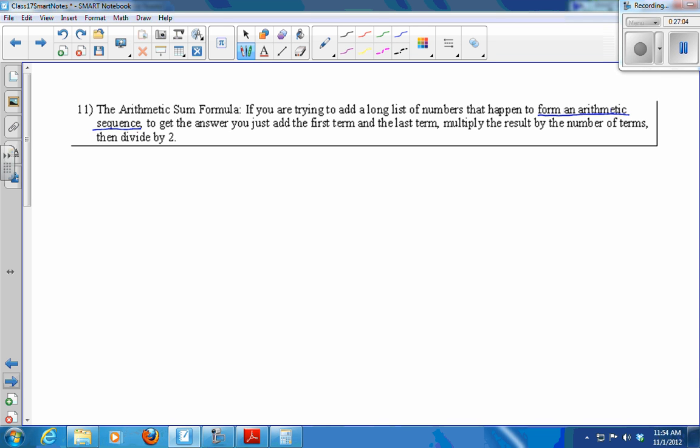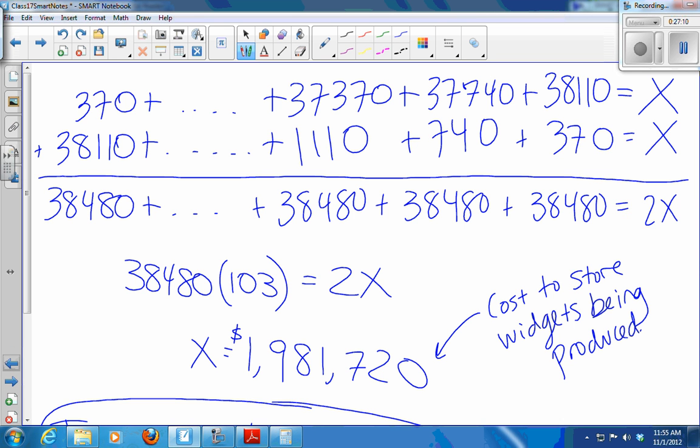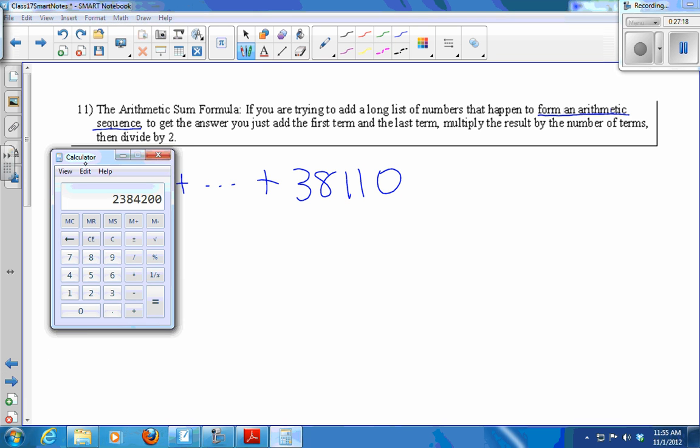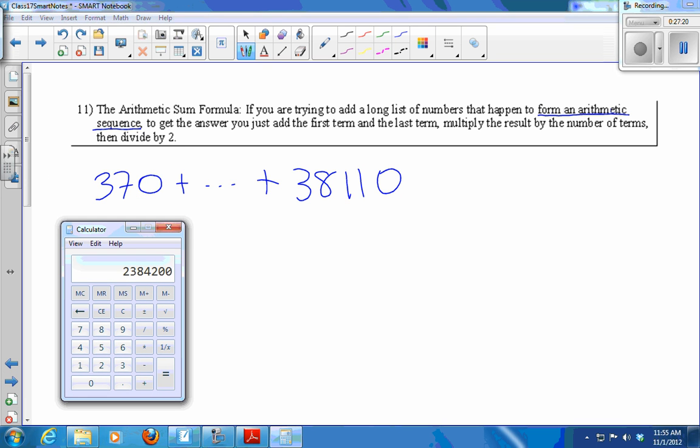So in my sum, it was 370 plus blah, blah, blah, plus the last number was 38,110. I could do it quickly using the formula where I add the first and the last term. So 370 plus 38,110.